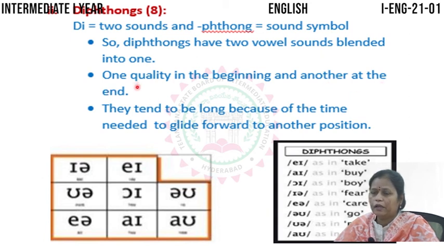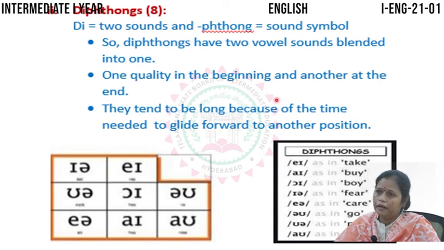In monophthongs, only a single quality is maintained throughout the pronunciation of that sound. Coming to diphthongs, there will be a change in the quality of the sound. That is, one quality in the beginning and another at the end. For example, this is a diphthong. This one is e, that is a.